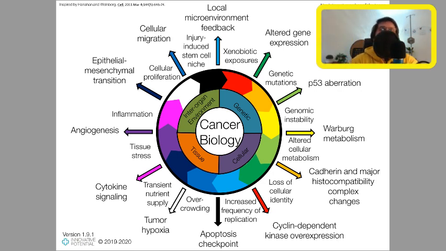There are inflammation drugs available. There are angiogenesis drugs available. There are drugs starting to target tumor hypoxia and cytokine signaling. It's usually that the detection doesn't really occur until, at least in clinic, somewhere in the cellular to tissue range.